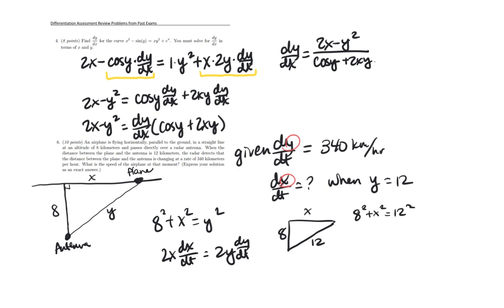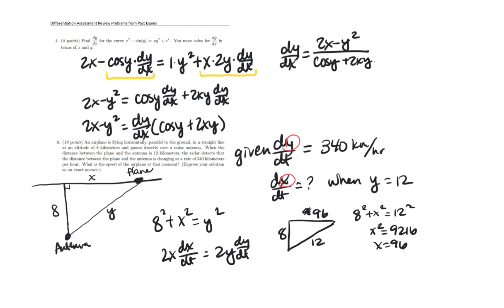So that gives me that x squared is equal to 144 minus 8 squared, so that gives me 9,216, and then I could take the square root of that. And I get that it's 96.